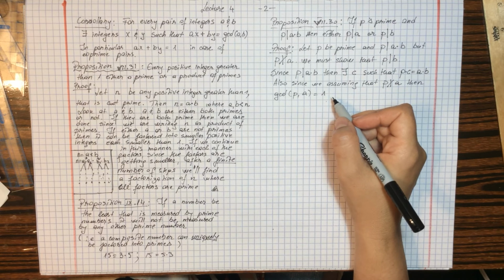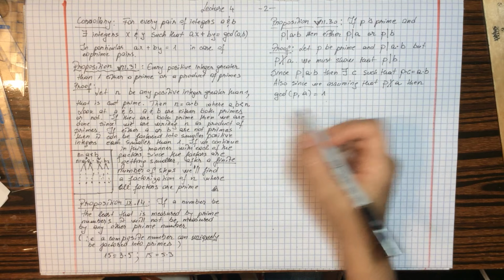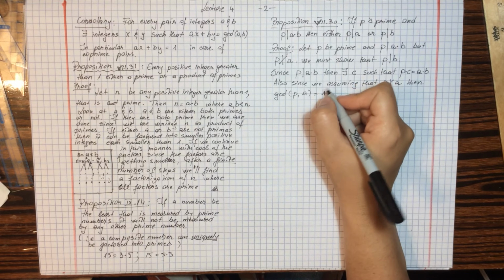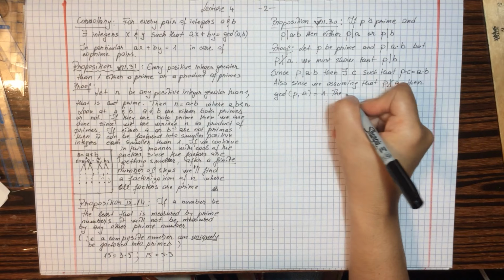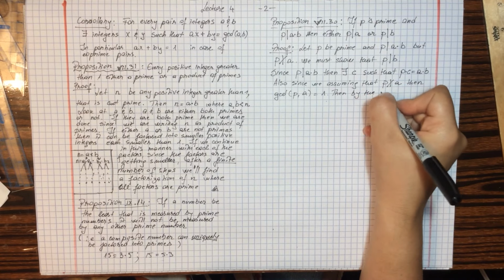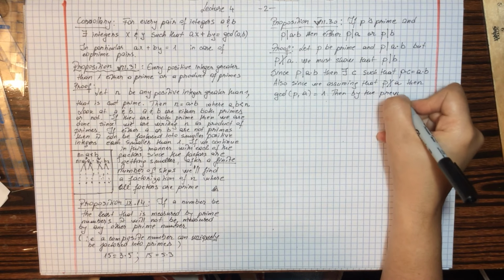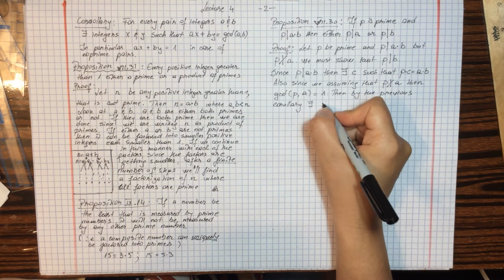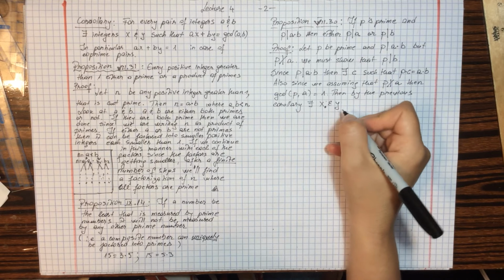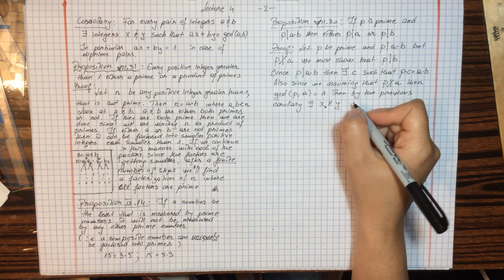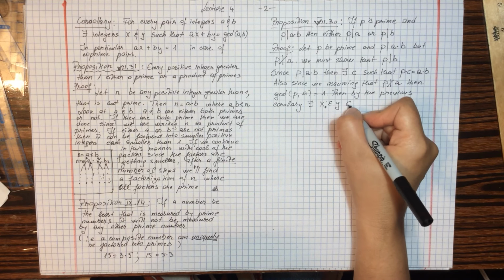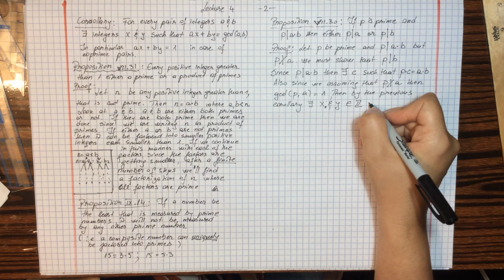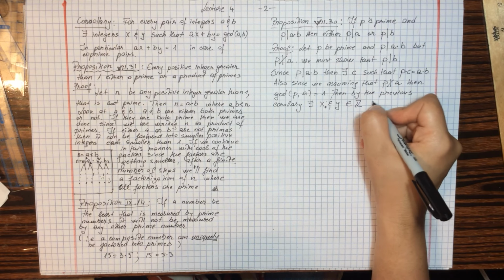So by proposition 31, by the corollary to the Euclidean algorithm, then by the previous corollary, there exist integers x and y, x and y integers, that means elements of the set of integers, such that what?